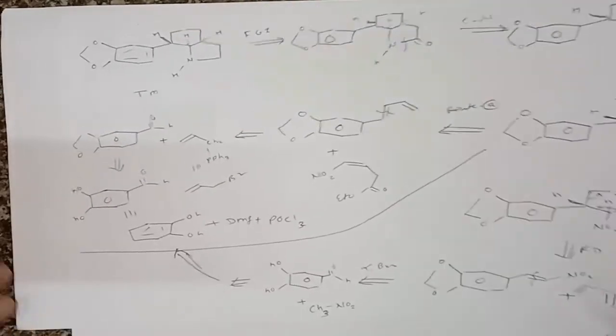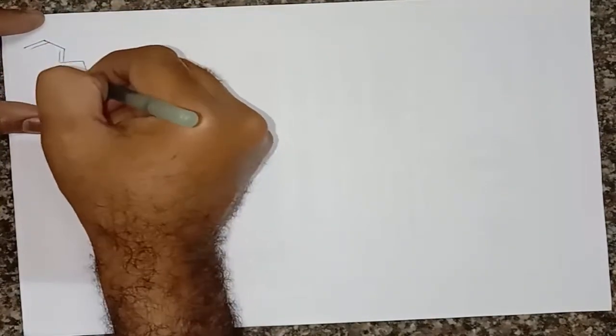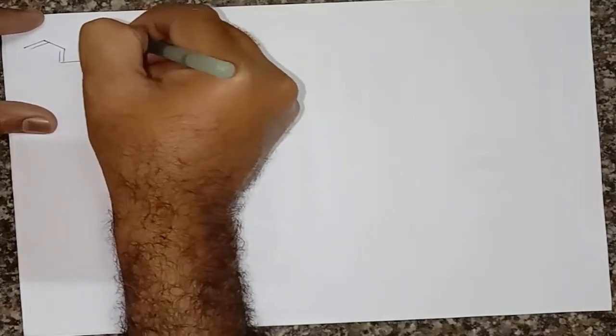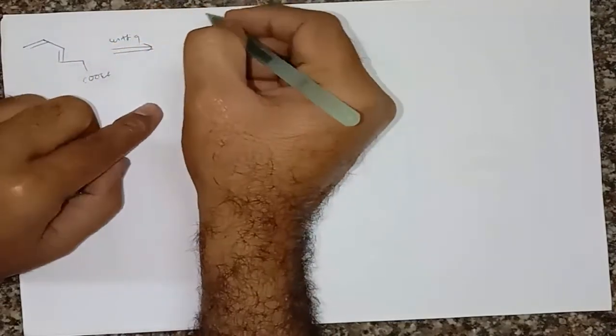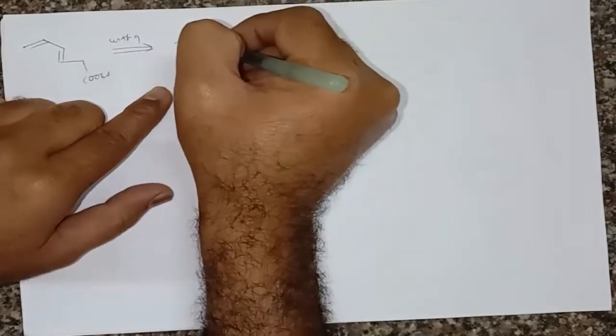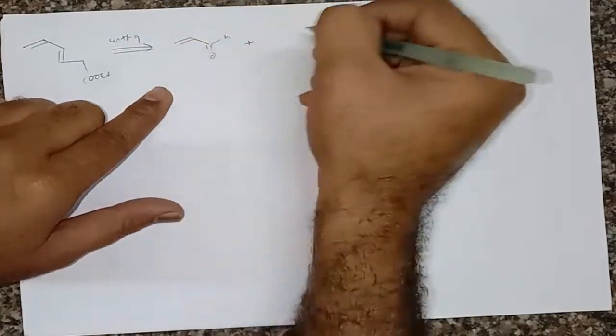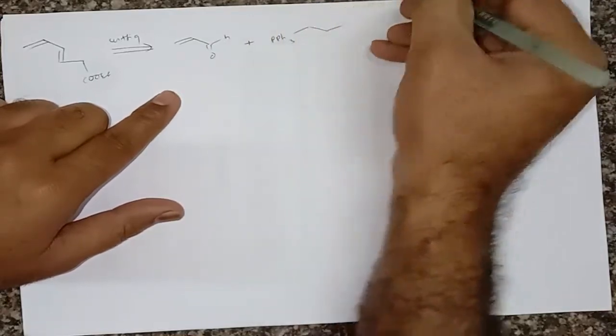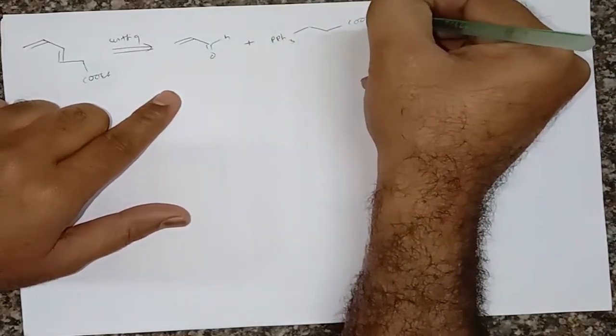How can we use the Wittig reaction here? So this molecule contains a double bond, COOEt. Here we can use a Wittig reaction, and in the Wittig reaction from one side it gives an acrylaldehyde, plus along with it a PPh3 CH2 COOEt.